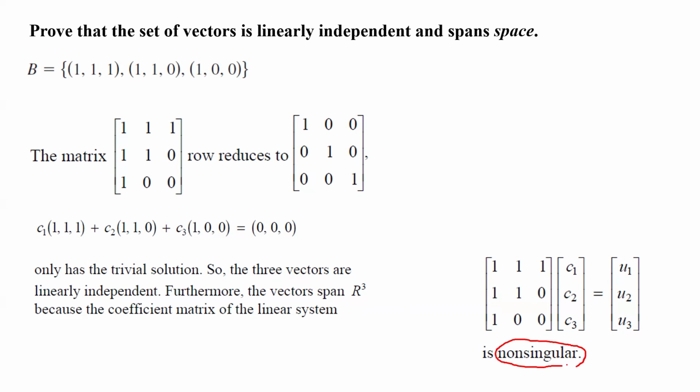Coefficient matrix is non-singular. It means that you have an inverse of the matrix. You can multiply both sides by the inverse of the matrix and find the unique values for C1, C2, C3 based off of U1, U2, and U3. Or you can take U1, U2, U3 and write them as a combination of the vectors with some other values.